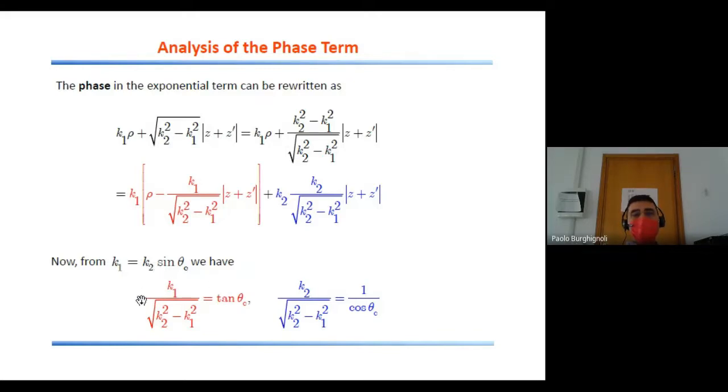We see that the ratio occurring in the red part is the tangent of the critical angle, whereas the ratio that occurs in the blue part is the reciprocal of the cosine of the critical angle.